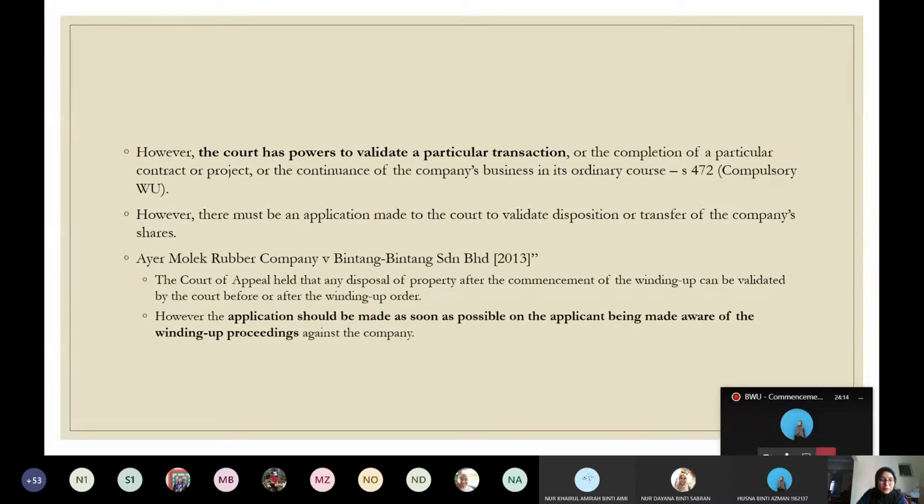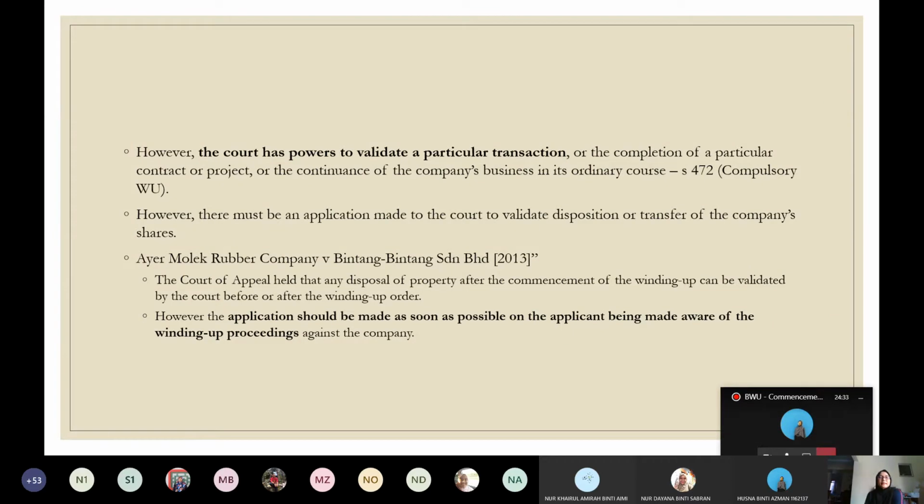So there is also a provision which allow for the court to validate a particular transaction which is made subsequent to the commencement of the winding up. So yang ni dalam section 472. Dia kata this is for particular to compulsory winding up.